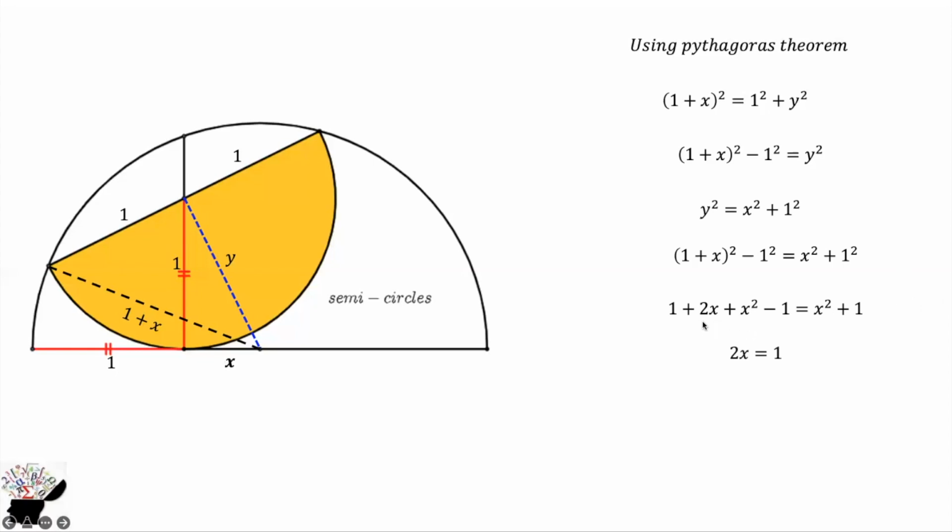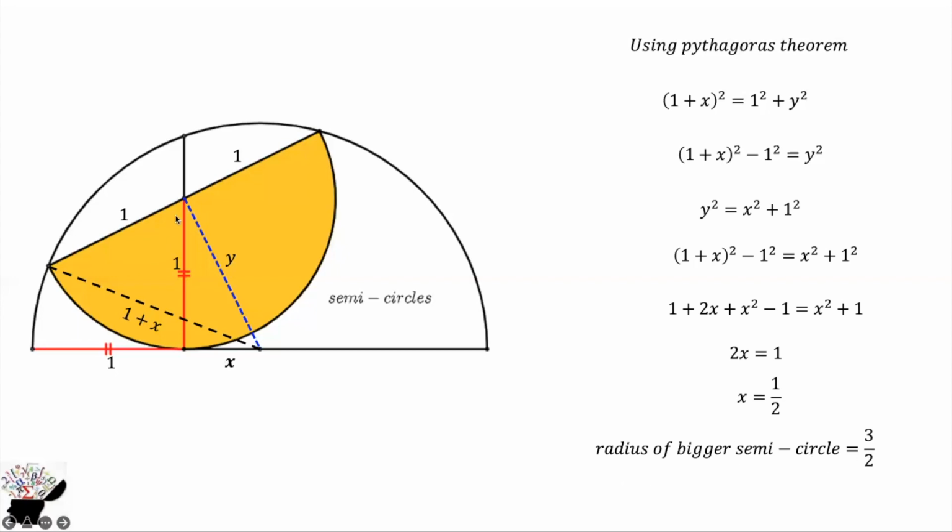So we are going to get 2x is equal to 1, right? So x is equal to 1 over 2. So now the radius of the bigger semicircle is 1 plus x, right? So it will be 1 plus half, and the answer is 3 over 2. So the bigger semicircle radius is 3 over 2.